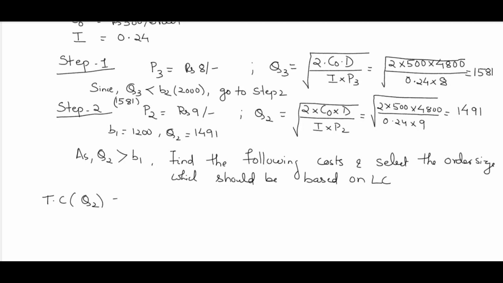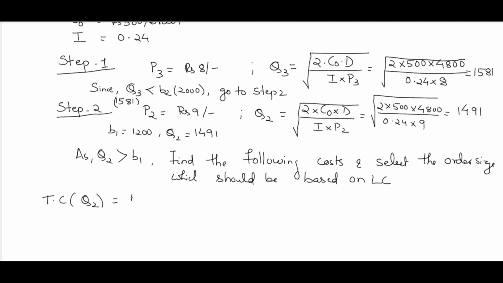You know that in the previous class I told you the formula, if you could remember. While deriving, I determined the total cost. It is a summation of your ordering cost, total carrying cost plus total purchase cost. That is the total inventory cost.